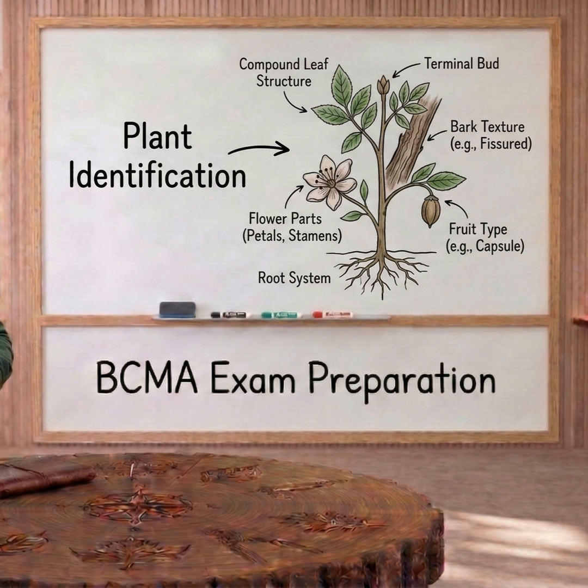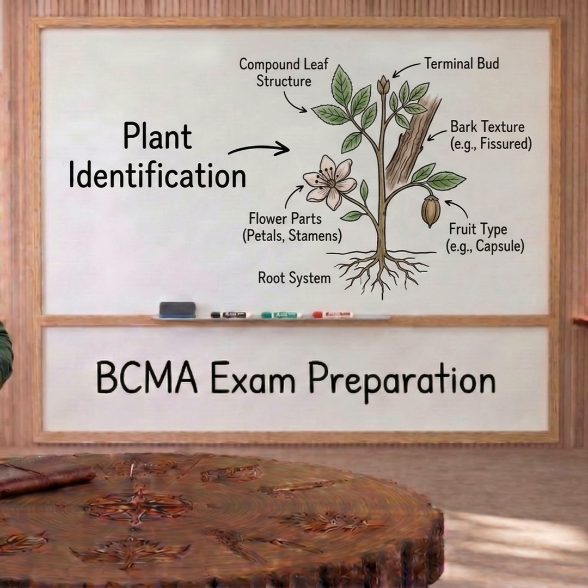Before we wrap up, let's reinforce a few connections. Plant identification relies on morphology, including leaf arrangement, leaf margin, buds, nodes, and branching habit. Taxonomy organizes plants into kingdom, phylum, class, order, family, genus, and species, using standardized nomenclature.